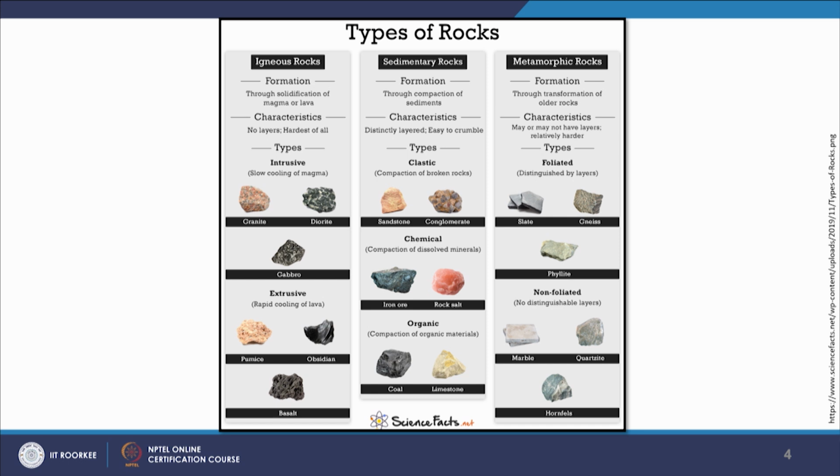But just to refresh your memory, I will very quickly discuss the 3 basic types of rocks: the igneous rocks, the sedimentary rocks, and the metamorphic rocks. I have also shown these through the rock cycle. If I take first the igneous rocks, these are formed through solidification of magma or lava when it comes on the surface.